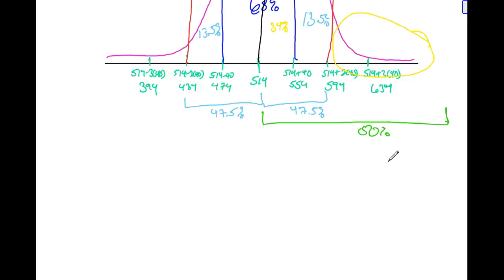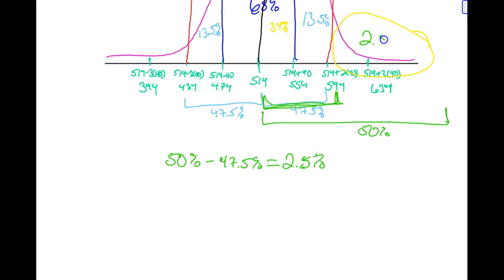So the easiest thing to probably do is to take 50% minus your 47.5%, which recall is from here to here, from the mean to 2 standard deviations away. When I do that, 50 minus 47.5 gives me a total of 2.5%.